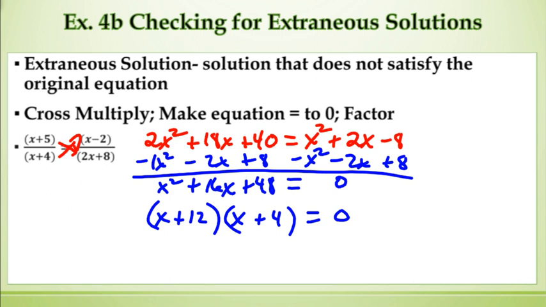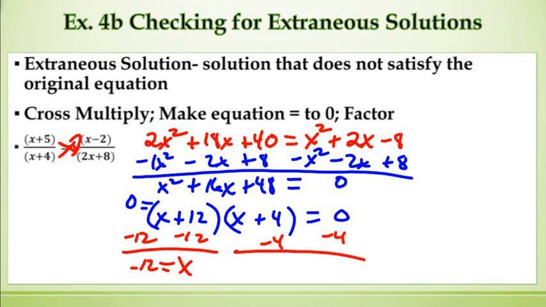Make both of these equal to 0. So if I subtract 12 on both sides, x equals a negative 12. Over here, subtract 4 on both sides, x equals a negative 4. Now I have to double check to see if any of those would make this equal to an undefined expression.